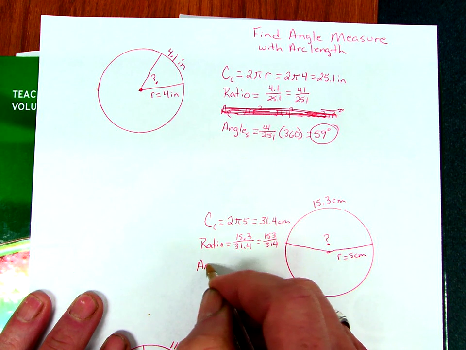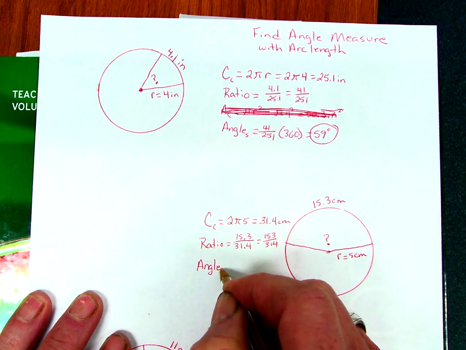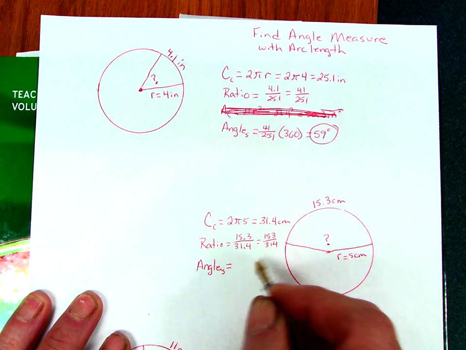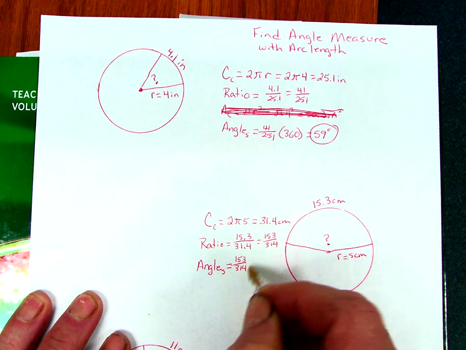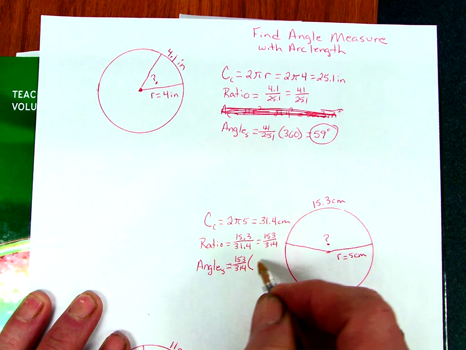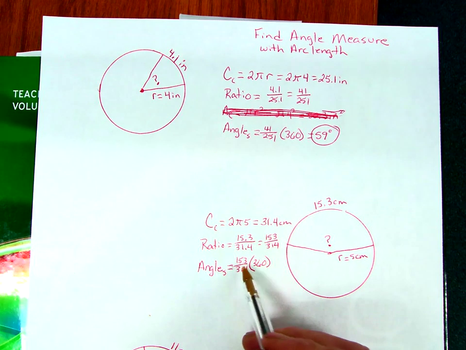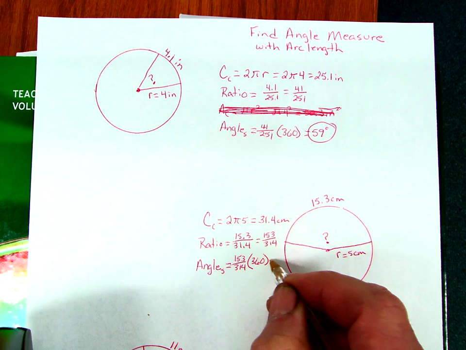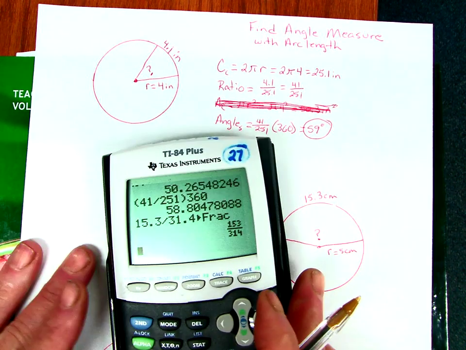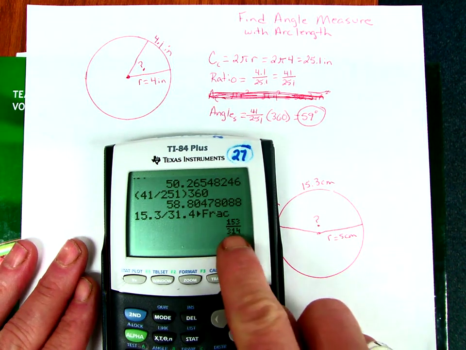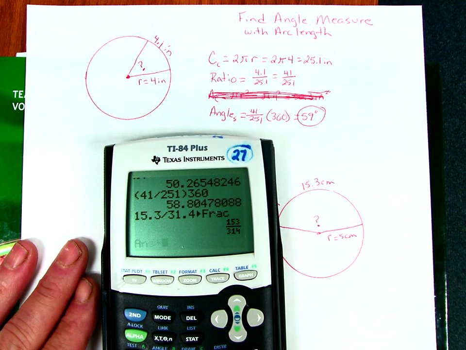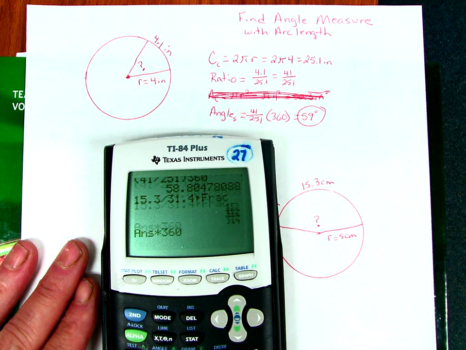Now the angle of the sector equals 153 over 314 times 360. The ratio times the whole circle. And the good thing is, if you've got this in your calculator right here, all you have to do is put times 360 enter.